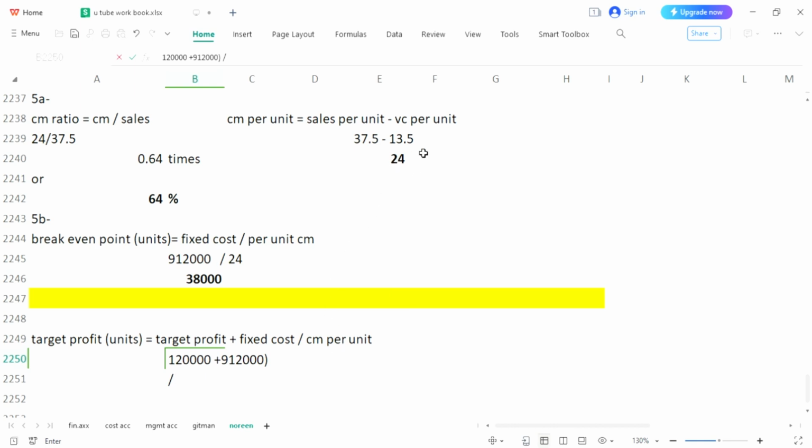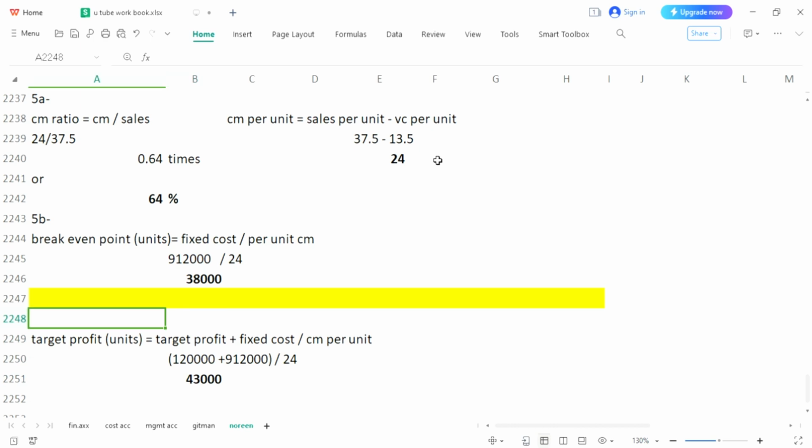CM per unit is calculated 24. Okay, and put a starting bracket as well. Our statement has been completed. Now we are putting it on calculator. 120,000 add 9,12,000 close bracket divided by 24. So we have got our answer 43,000. It was sixth A part.